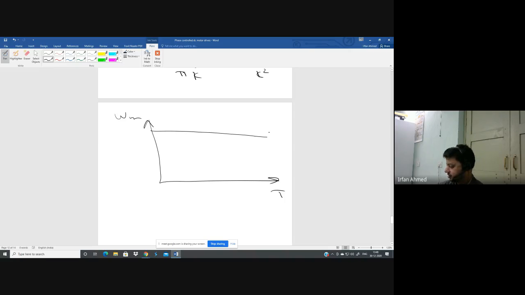Natural characteristic. Then this will be the nature of the speed torque characteristic, something like this. These points will not be parallel, but after the line progresses it will be parallel. Okay, clear?